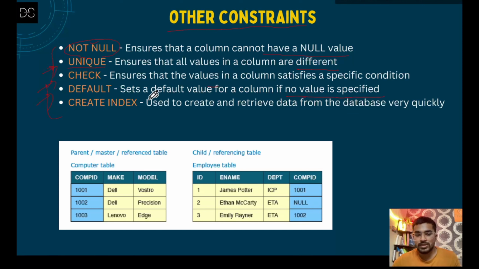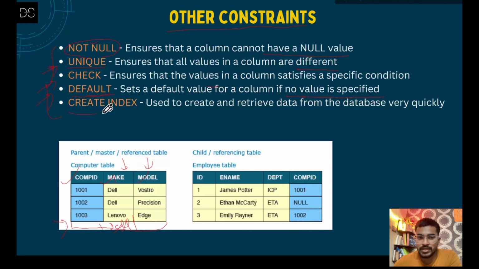Let's say for the make column, if someone is inserting some extra rows and is not giving the make name for those rows, in that case you can set a default value, let's say Dell. So when a person is entering a row, giving the value of computer id and model name but not the value of make, in that case if you have set a default value, let's say Dell, then Dell will automatically come here.